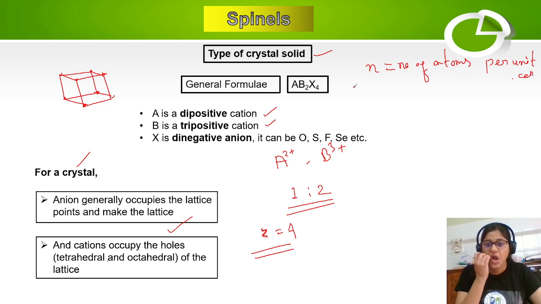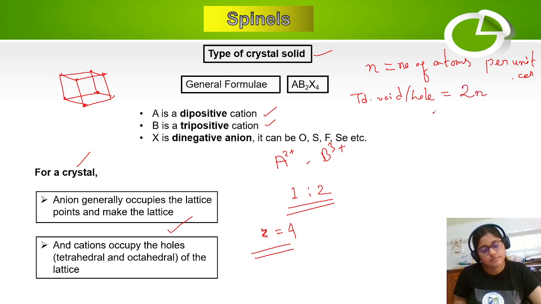Then the number of tetrahedral voids or holes will be equal to 2N, and the number of octahedral voids or holes will be N, which is equal to the number of atoms, while the tetrahedral voids are twice the number of atoms.